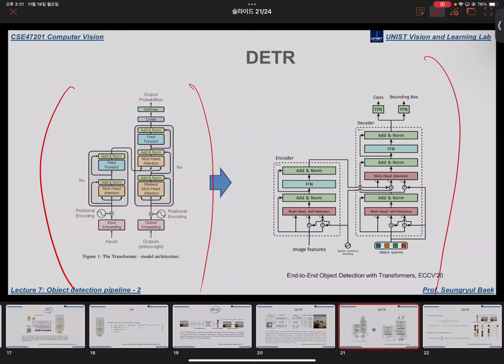Then you use that as the query and use the improved image feature as the key and value, apply cross attention, and map it to class probability and the bounding box. So this is the DETR architecture. The images look quite similar, but you have to understand their difference.